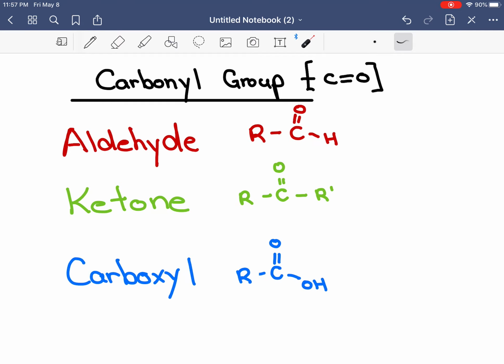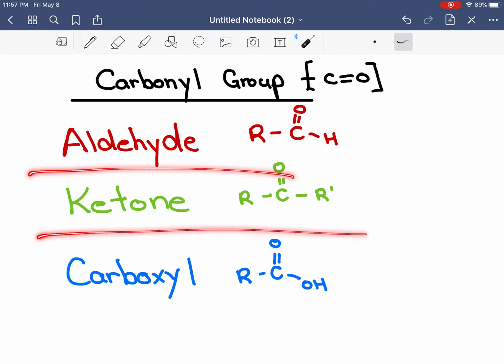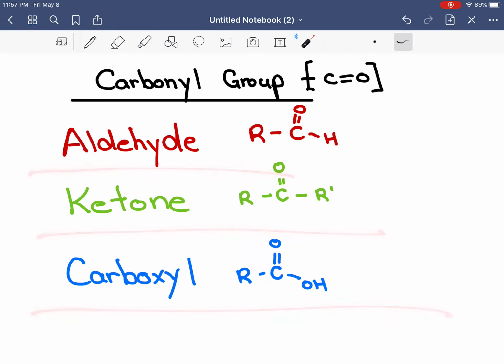So for this week, oh, sorry, this week is done. For next week, we're going to base all our attention on the carbonyl group, starting with aldehyde, then ketone, then carboxyl. Hopefully you don't mix it up. And that will take care of our 5th, 6th, and 7th functional groups.